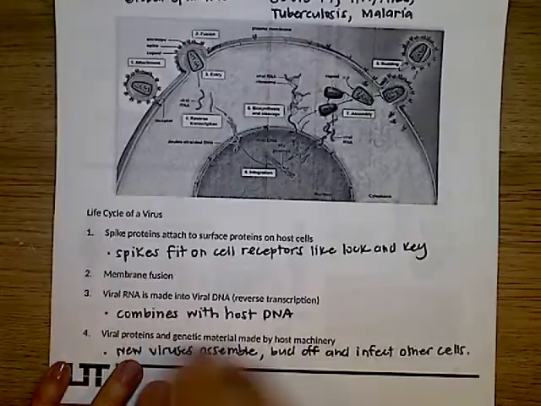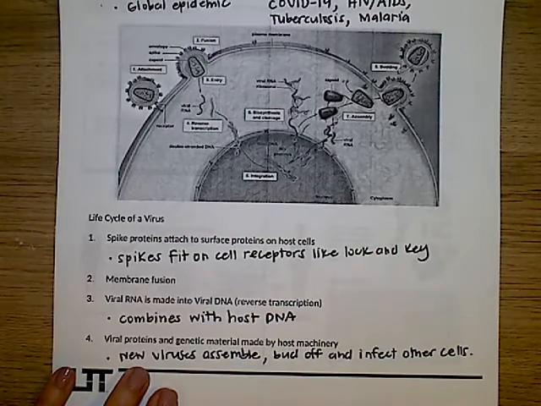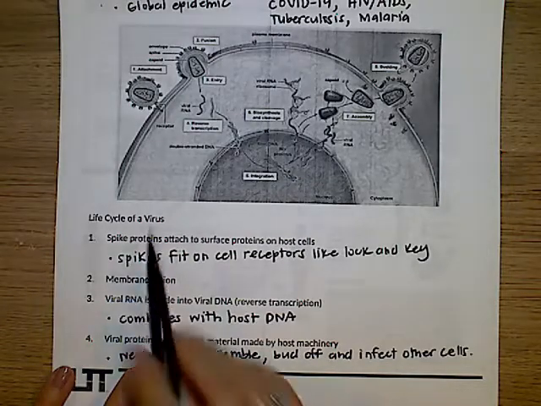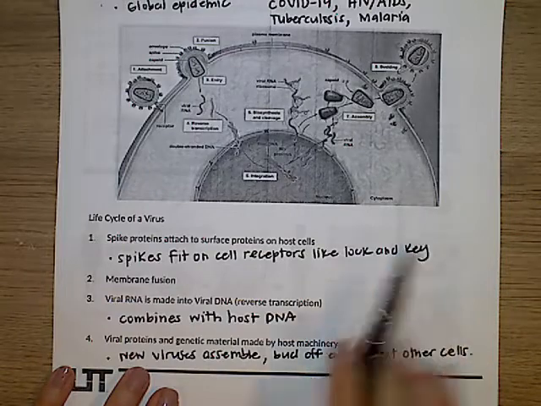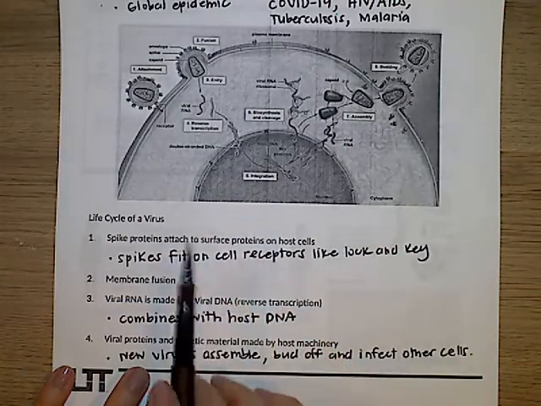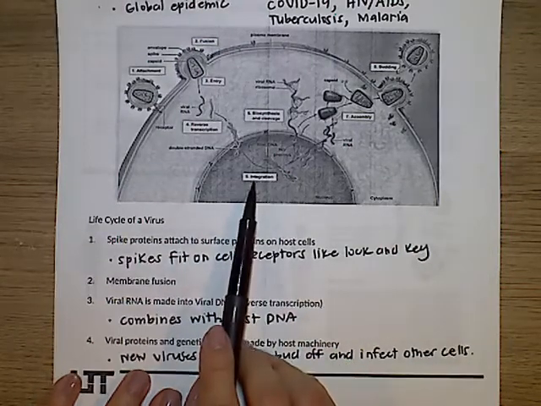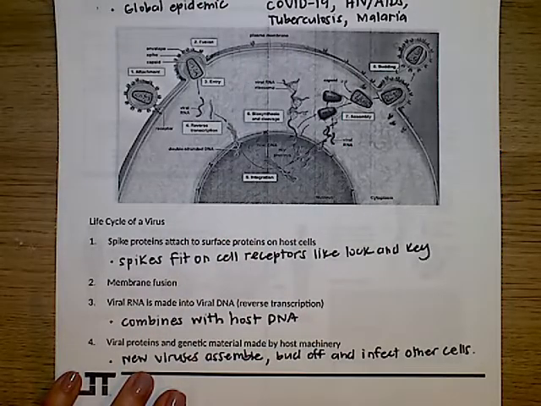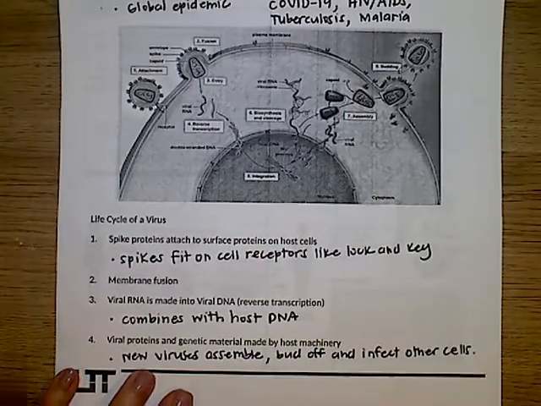The picture that you see here, some viruses have different genetic material and different life cycles. This is just a general one, but this is what applies to HIV, COVID, and influenza viruses.